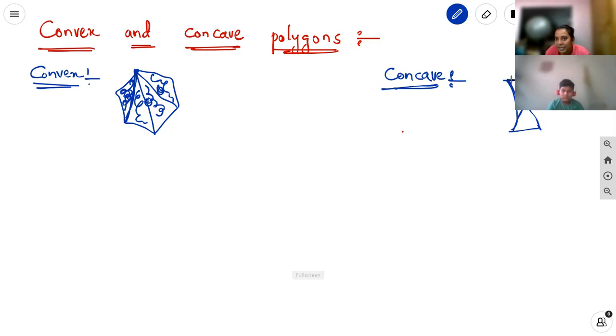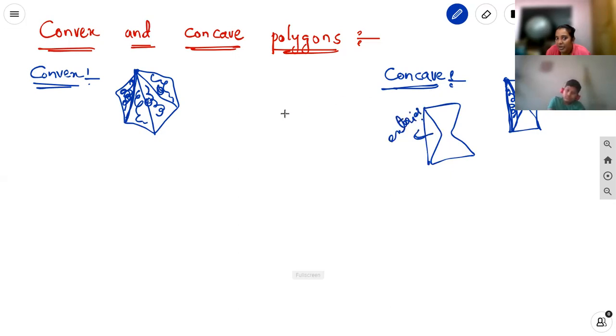If we draw the diagonal for this vertex, this is a consecutive vertex, and this is not a consecutive vertex, so we can draw the diagonal. This is a diagonal. But when we draw it, the area is outside of the figure, outside of the polygon.